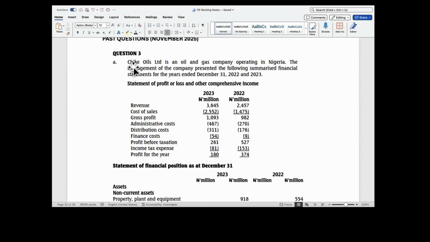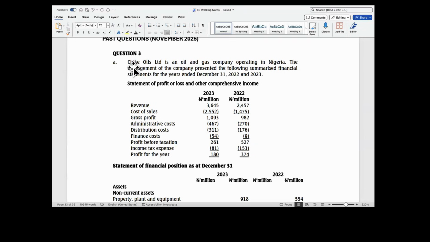No, 626. How did you get your 315? I deducted the finance cost from the profit after the deduction of administrative cost and distribution cost.